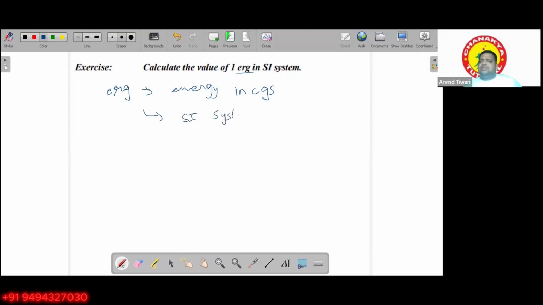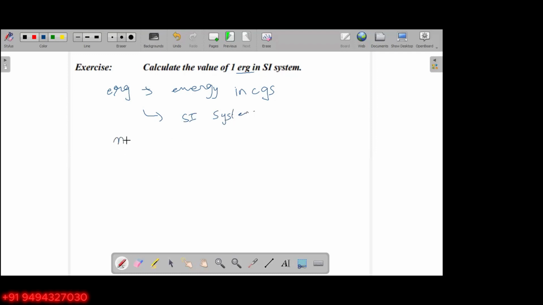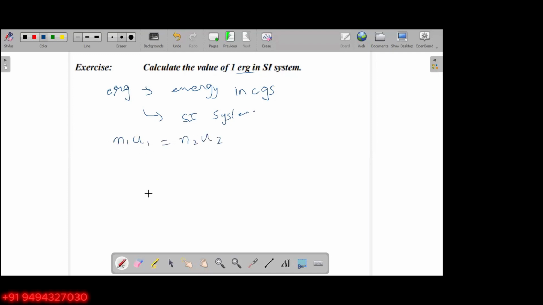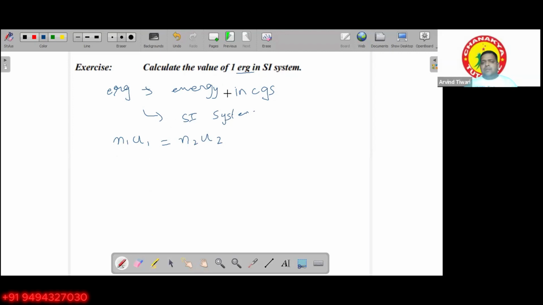I want to convert to the SI system. So I will write the formula N1 U1 equals N2 U2. For N1 U1 I will take this erg. For N2 U2, I want to take the SI system.